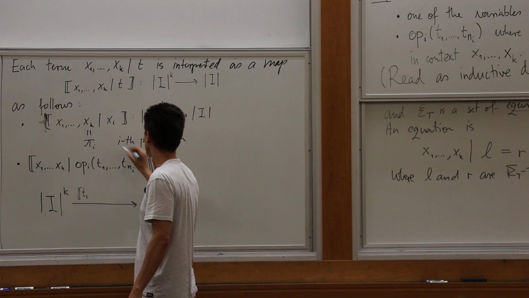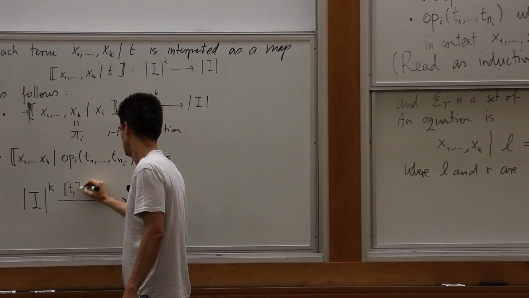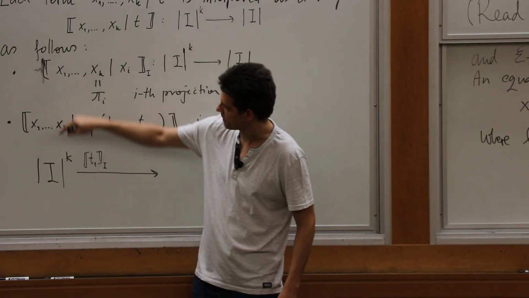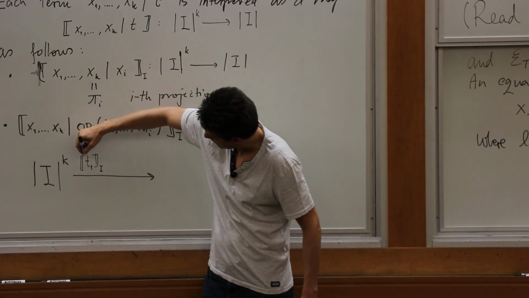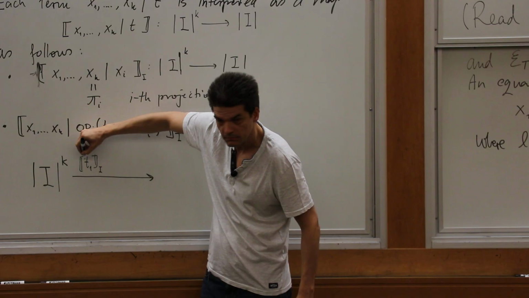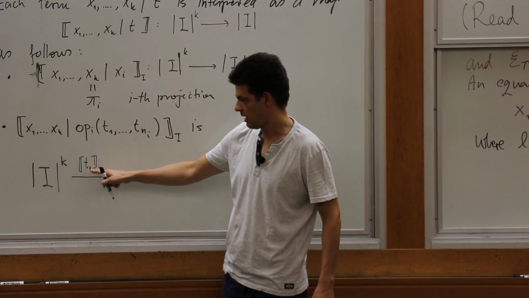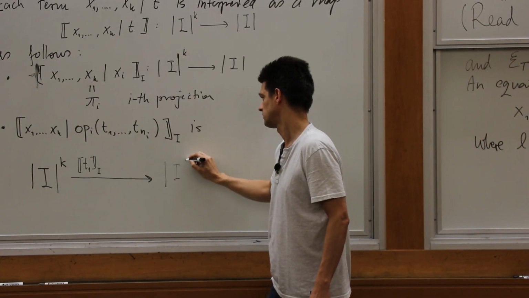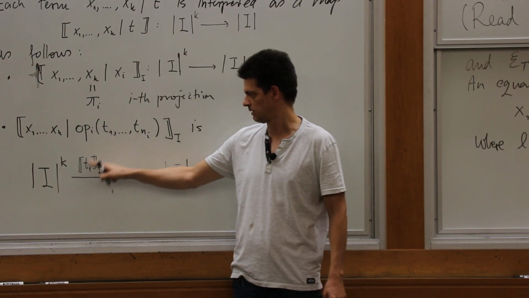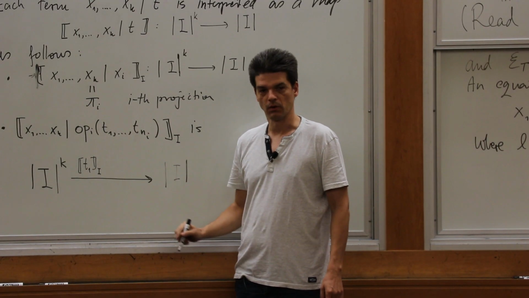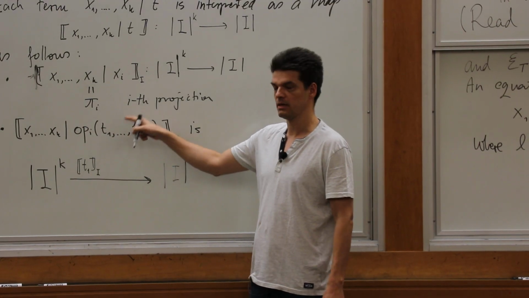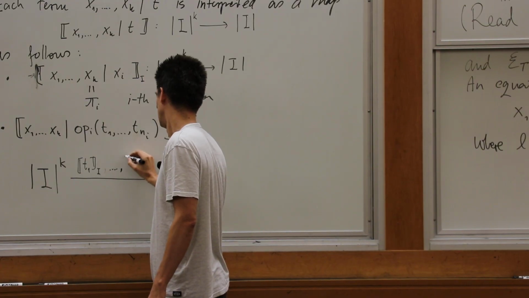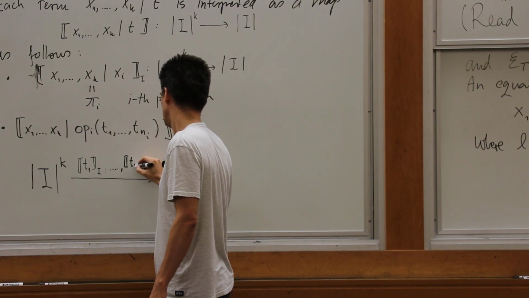We need I everywhere. If I interpret t1 in the same context, I didn't write down the context, so there's a context missing here. So if I write this one down, I will land in I, because this is just interpreting the first one. Then I interpret the second one and the third one and all of them, and so I get the interpretation of all of them.